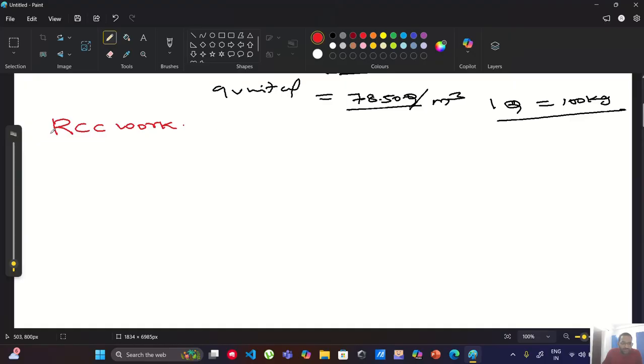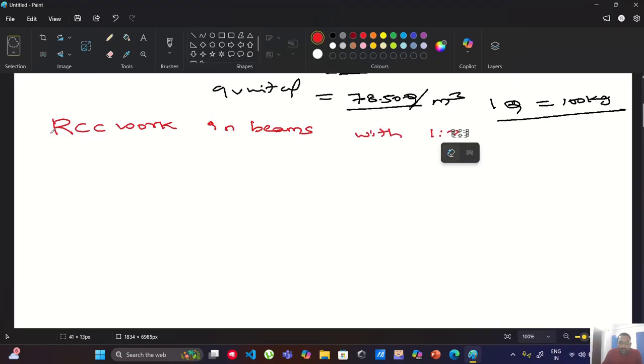RCC work in beams with 1 is to 2 is to 4.